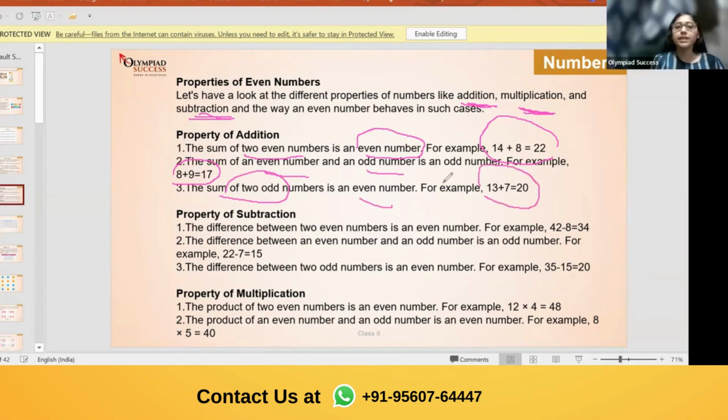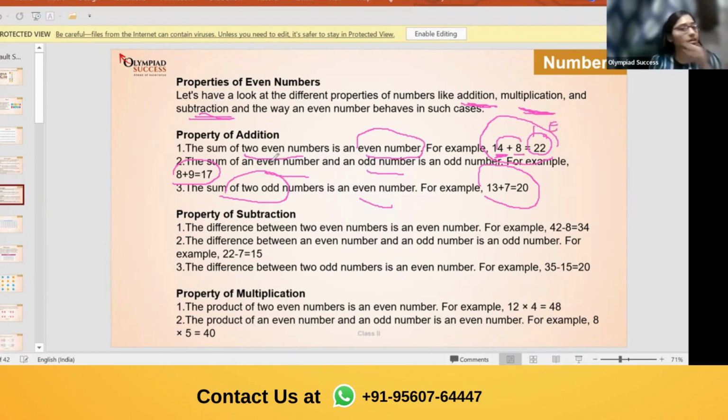Thank you. See, the property of addition means if we add two even numbers, we will get the answer as an even number. For example, 14 is even and 8 is also even. If we add both of them, we will get 22, which is also an even number.